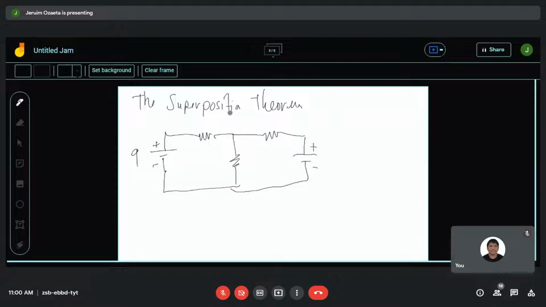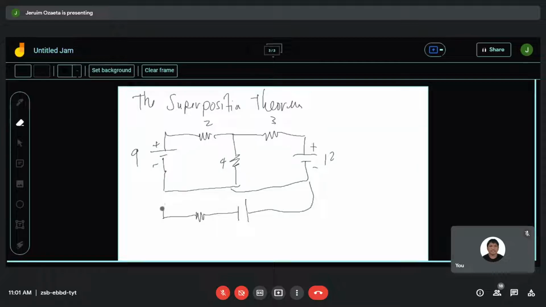The superposition theorem says that if this is 9 volts, this is 12 volts, and this 2 ohms, 3 ohms, and 4 ohms, the current going through the 4 ohms are the composite currents from the two sources. Kung igwa pang ibang sources, meron pag-araray na maaga dyan. Pero let's take a simple circuit at the moment para hindi mag-complicate.